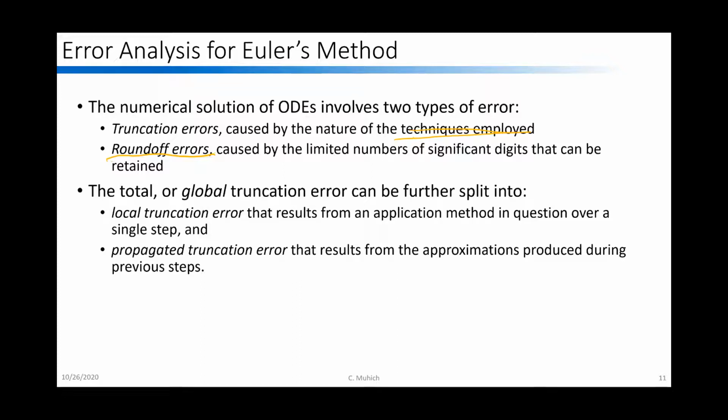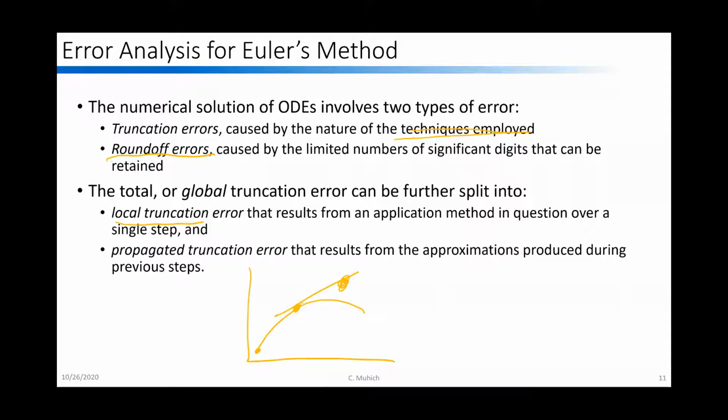The truncation error can be further split into two pieces. Local error is the error that results from each application of the equation. So maybe as a graph, remember we had this line, we then drew a tangent and we said, okay, here's our next point.